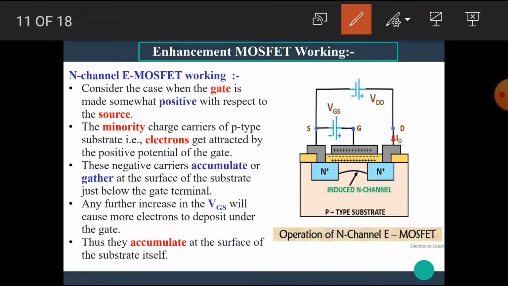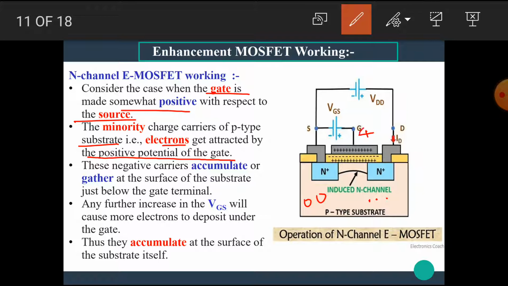Consider the case when the gate is made somewhat positive with respect to the source. The minority charge carriers of the p-type substrate, that is electrons, get attracted by the positive potential of the gate. Here the gate has the positive potential, and in the p-type substrate we know that holes are the majority charge carriers while the electrons are the minority charge carriers.